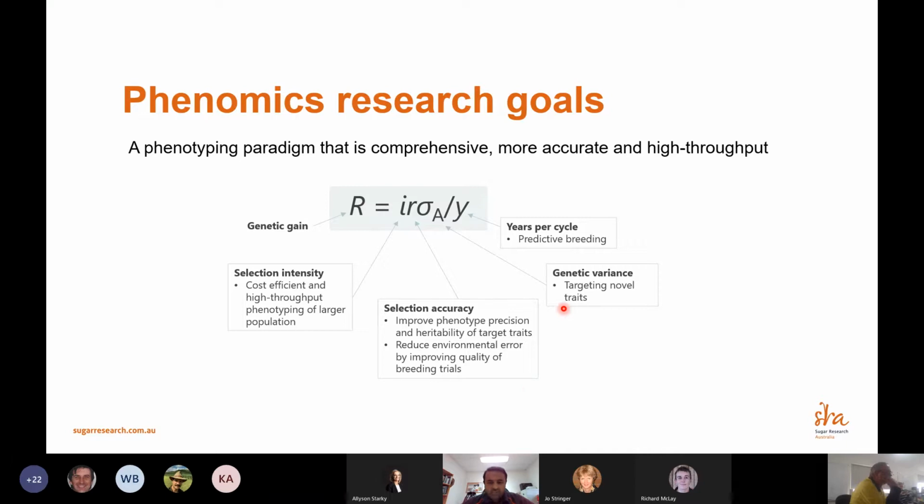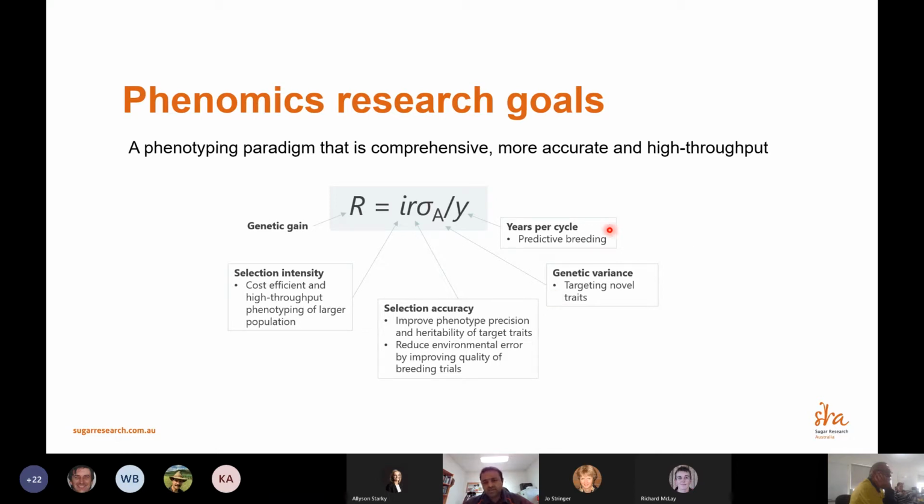And also, as we know, there's a narrow genetic base in sugarcane, which is one of the bottlenecks for genetic improvement. And that issue can also be effectively addressed by phenotyping several novel traits or functional traits, such as canopy temperature, which is quite difficult to measure using traditional methods, but with the drone and the remote sensor and a thermal camera, it's pretty easy to measure canopy temperature.